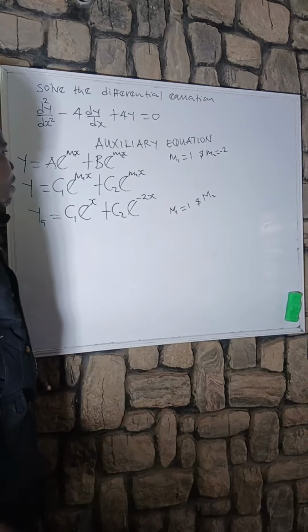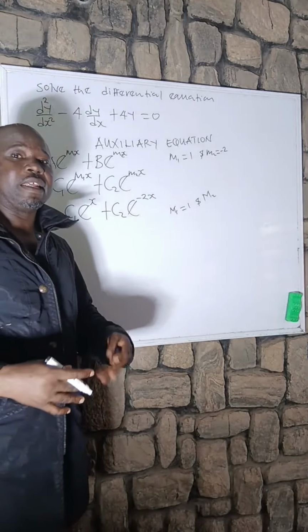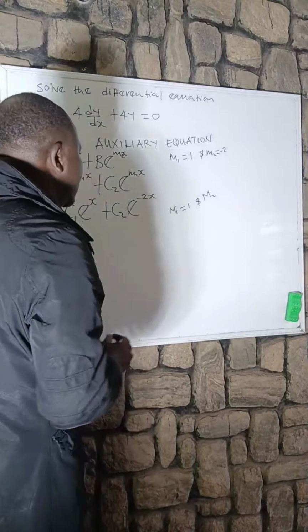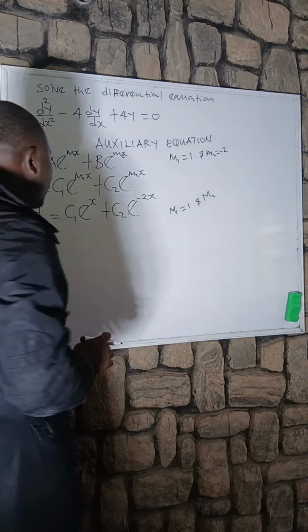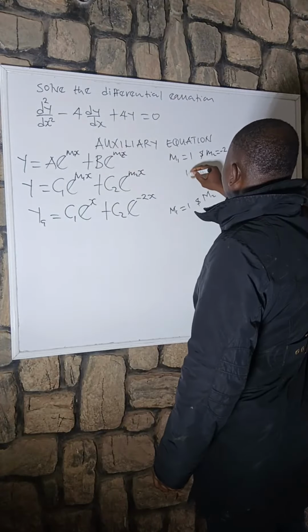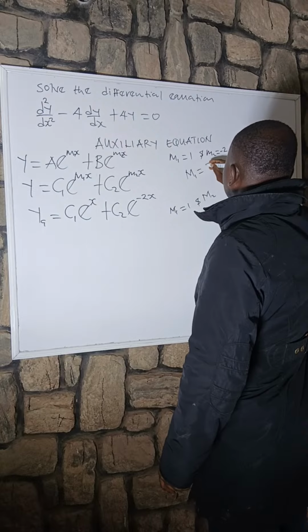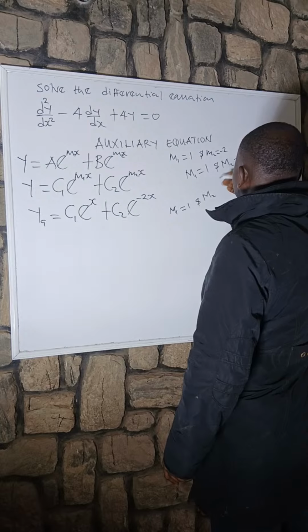Take note. But if they have the same roots, that is, at the end of the day, after solving, you can see that m1 equals 1 and m2 equals 1.